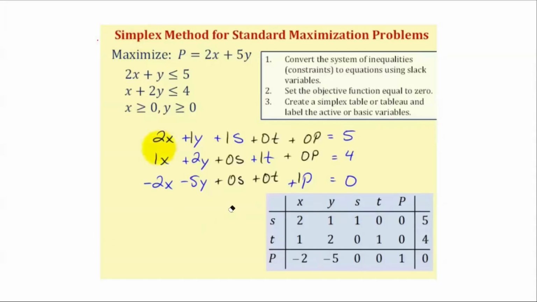So that's it, right? We put in all the zeros. Now we take these coefficients and put them inside this table here. This particular writer actually labeled S, T and P. Sometimes people don't put any.